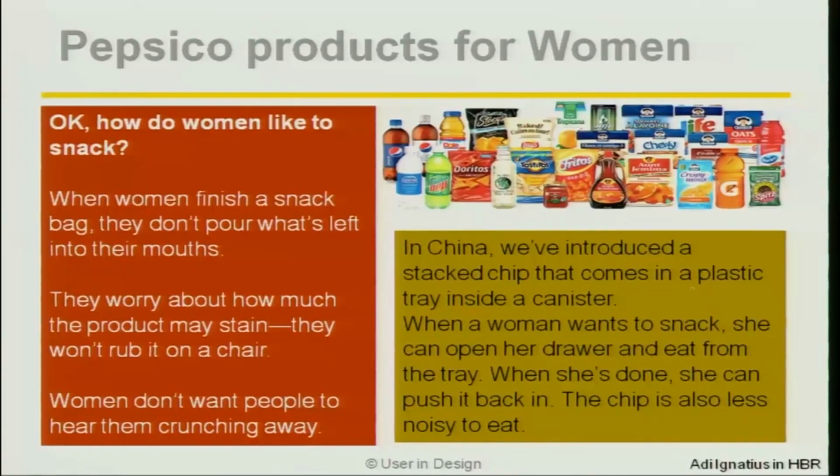So it's in a canister so that it can be wrapped up again. Why? Because when a woman wants to snack, she can open her drawer and eat from the tray. When she's done, she can push the tray in, close it and put it away. And the chip has been designed to be less noisy to eat.